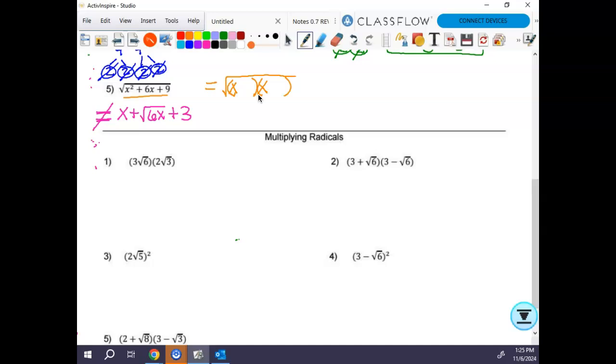Plus. This is positive, so the signs are the same. This is positive, so they're both plus. Then two numbers that multiply to give me 9 and add to give me 6. 3 and 3. Right? Then I can rewrite this as the square root of x plus 3 squared. Now can I take the square root? Yes, and I get x plus 3.